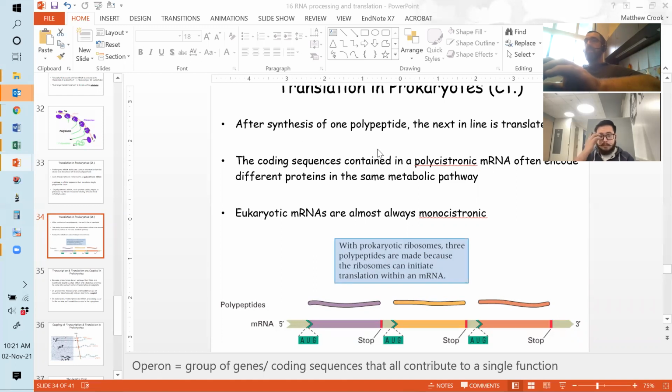And polycistronic mRNAs are essentially the result of that. Eukaryotes doesn't happen that way. We do have operons, kind of. They're a bit different, but eukaryotic mRNAs are almost always one mRNA, one coding sequence.